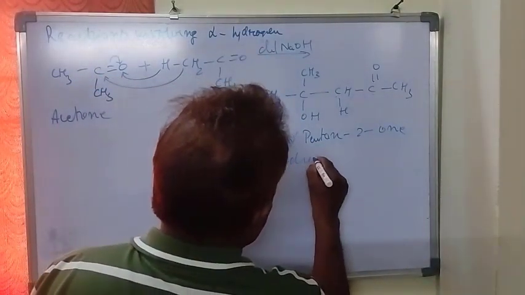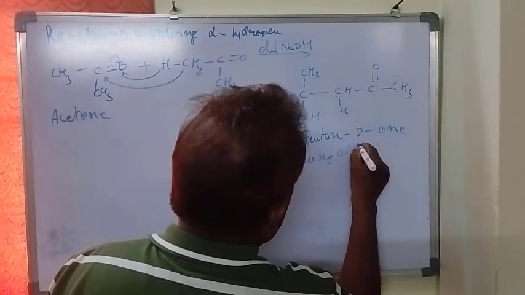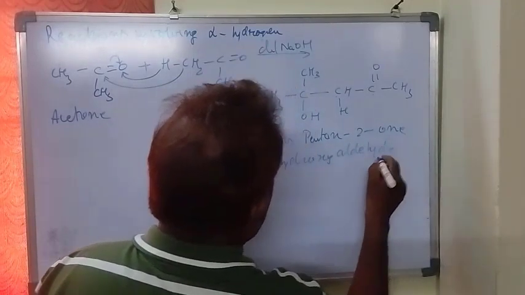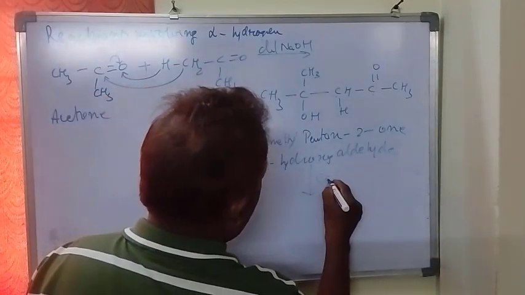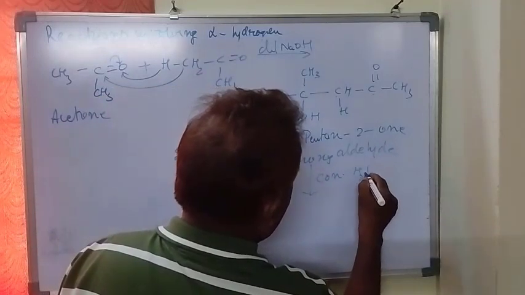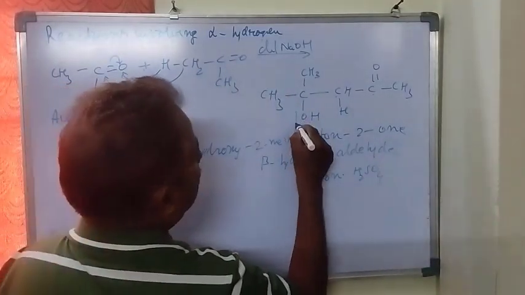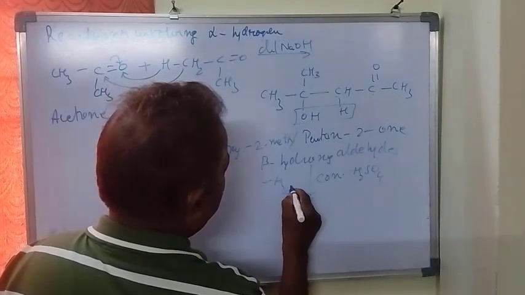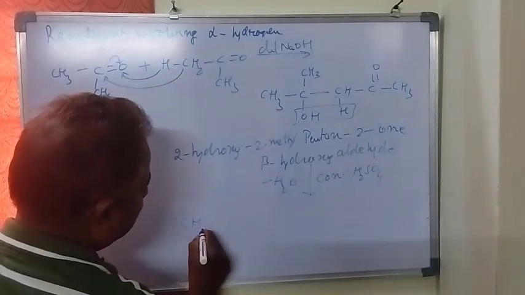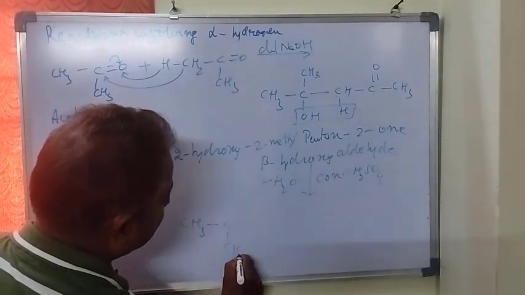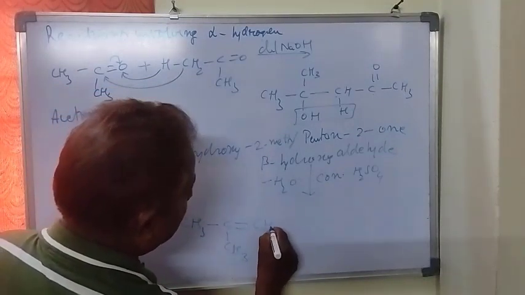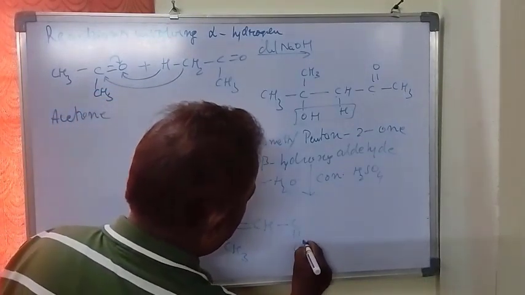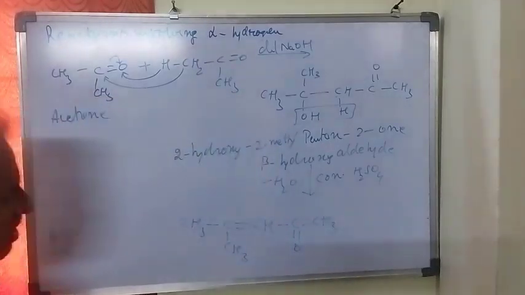This, in the presence of concentrated sulfuric acid H2SO4, what do we get? Water is removed, dehydration takes place, therefore we get CH3, CH3, double bond CH, C double bond O, CH3. So what is this substance?